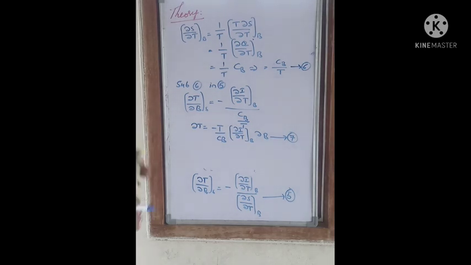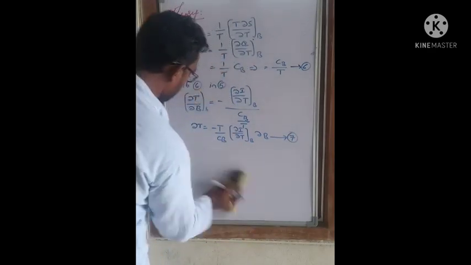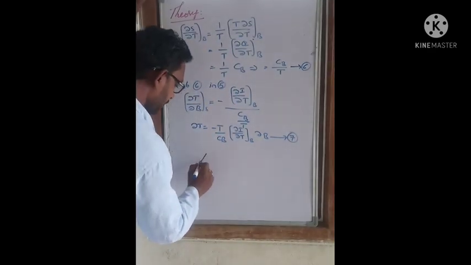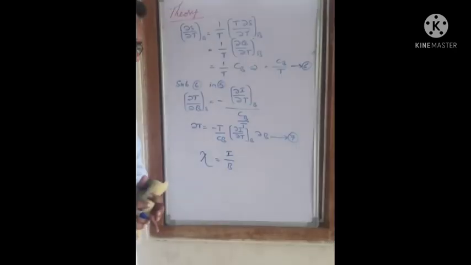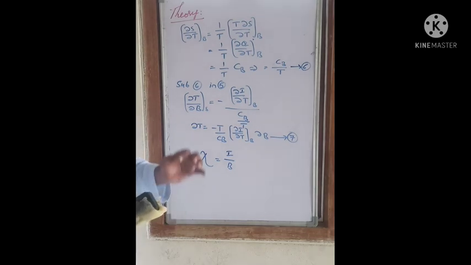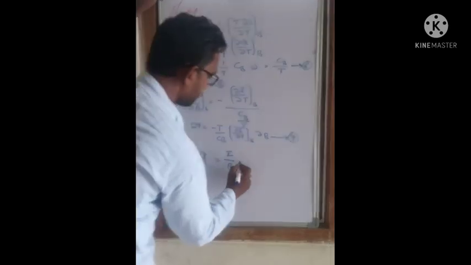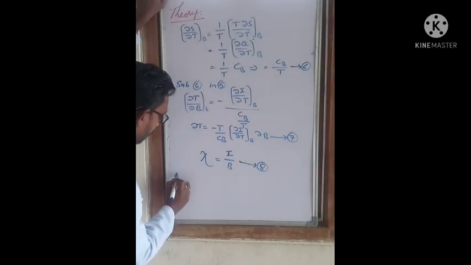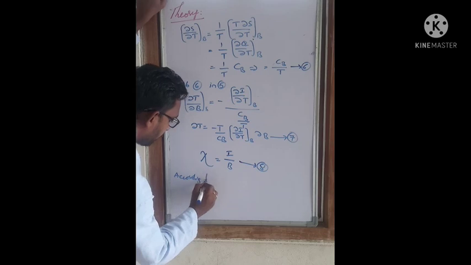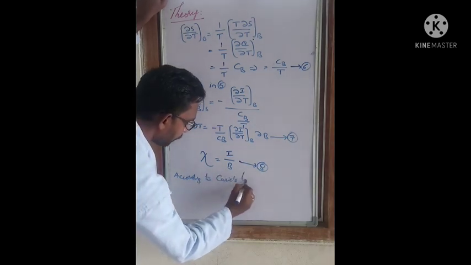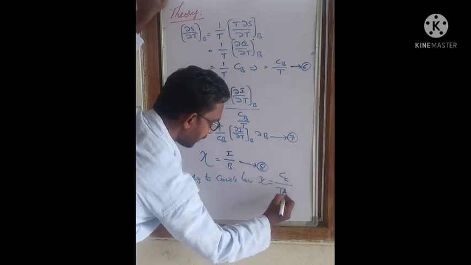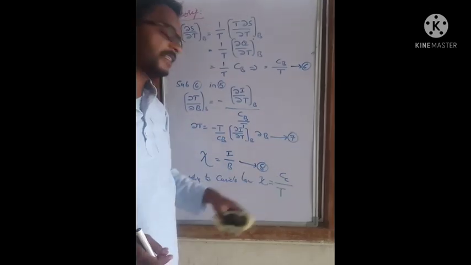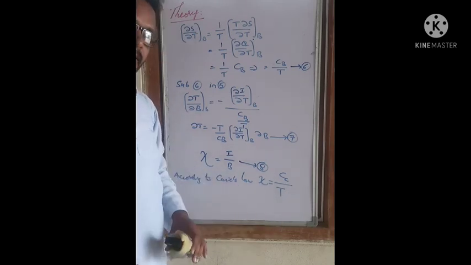Now the susceptibility can be written as psi equal to I by B, where I is the intensity of magnetization and B is the magnetic field density. Assume this is equation number 8. According to Curie's law, psi is equal to C_c by T, where C_c is Curie's constant and T is temperature.